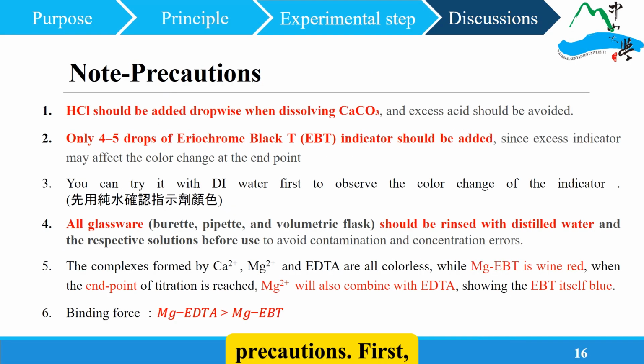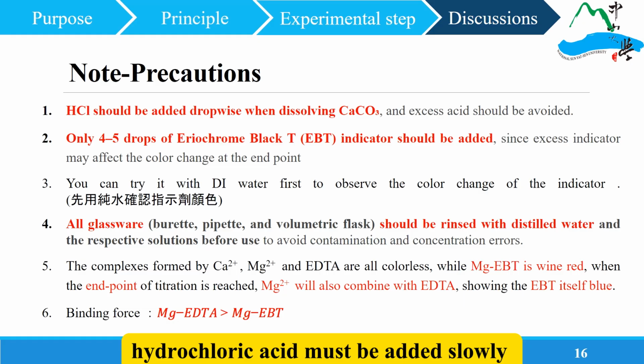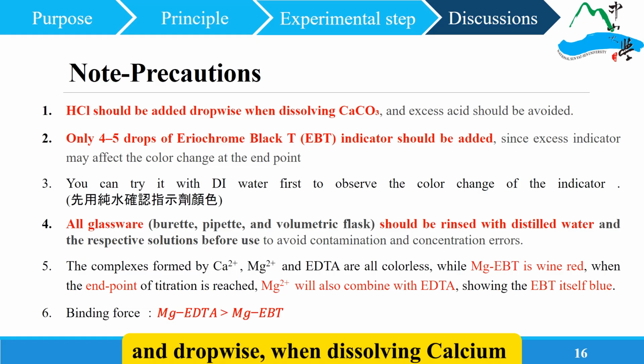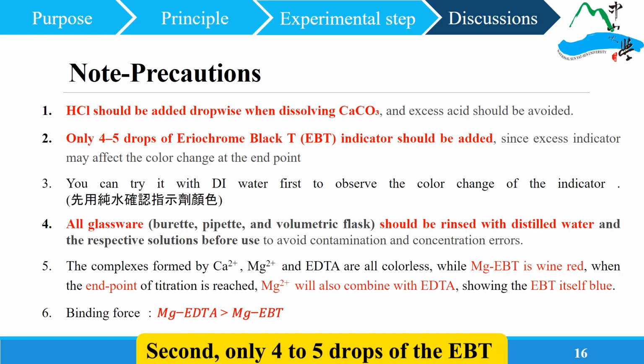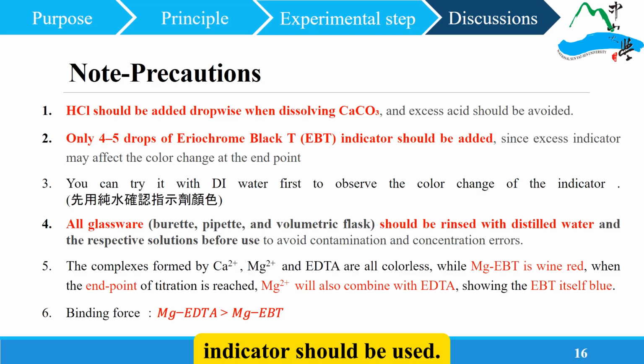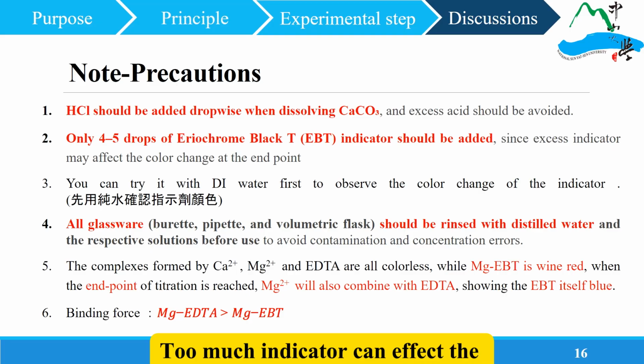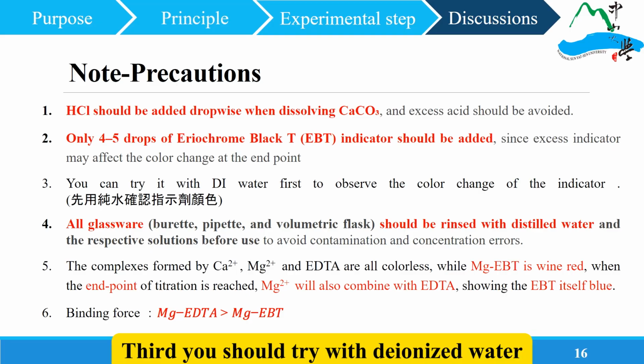Finally, let us discuss some important precautions. First, hydrochloric acid must be added slowly and dropwise when dissolving calcium carbonate to avoid excess acid. Second, only 4 to 5 drops of the EBT indicator should be used. Too much indicator can affect the clarity of the color change.